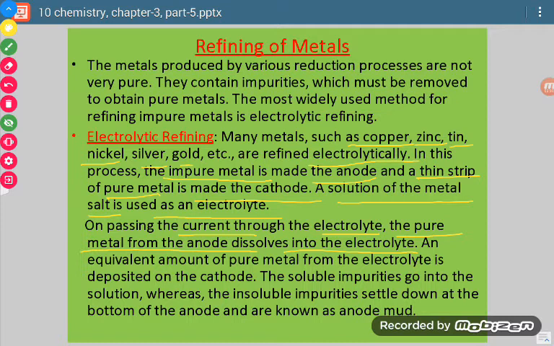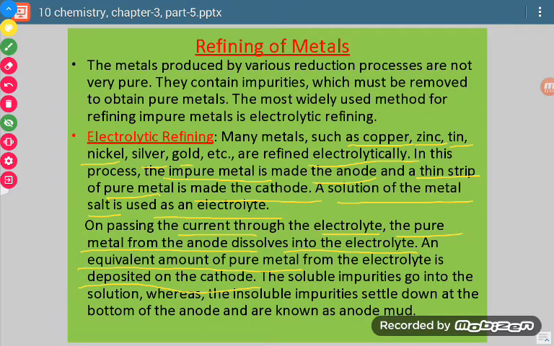Since the electrolyte contains ions of that metal, as many atoms have come into the solution, that many ions from the solution will go and deposit on the cathode.